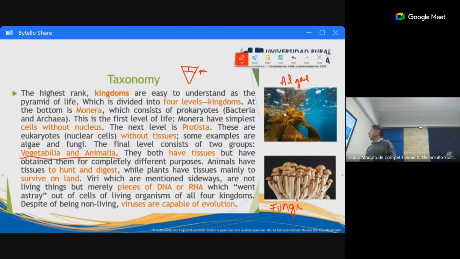Viri, which are mentioned sideways, are not living things, but merely pieces of DNA or RNA which went astray out of cells of living organisms of all four kingdoms. Despite being non-living, viruses are capable of evolution.